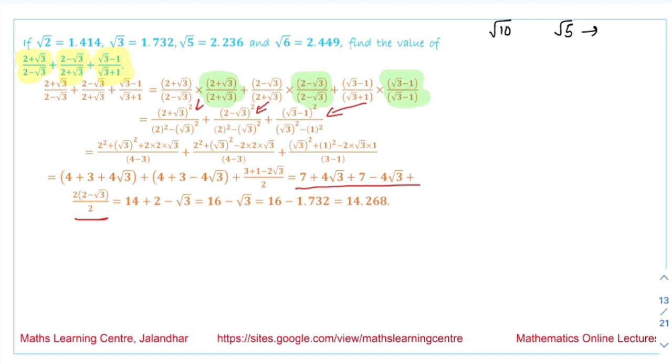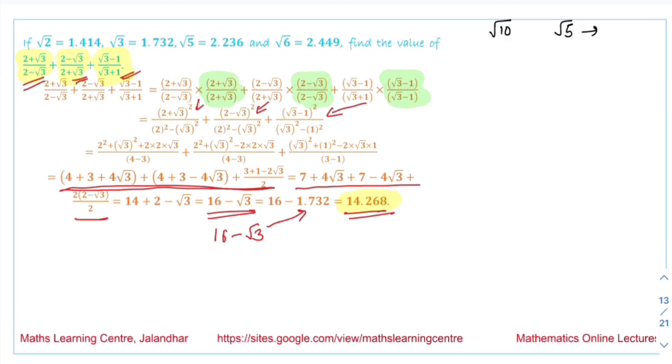So the final answer that you will get is 16 minus square root of 3. And when you substitute the value of square root 3 in this, you will get the final answer as 14.268. So these questions are just a bit lengthy, but the basic procedure is the same: you consider all these portions separately, rationalize these expressions, find their answers, and add all these values.